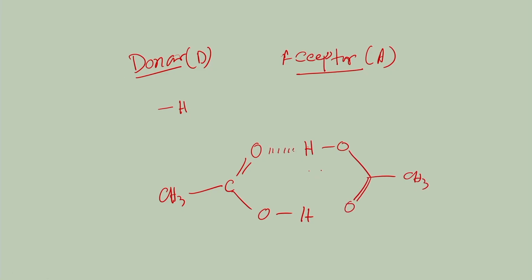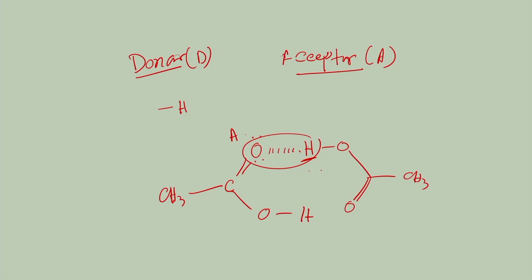This is where the hydrogen bonding will take place, because this oxygen has lone pairs of electrons which can accept the proton. So, this is an acceptor. On the other hand, acetic acid is an acid, so this proton is labile, it is an acidic proton, it wants to move away. That is why this hydrogen bonding will take place, and it is a very strong hydrogen bond.